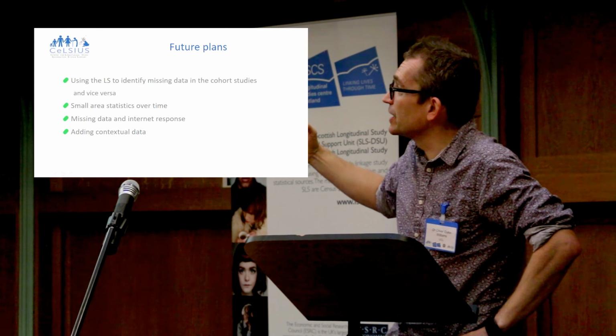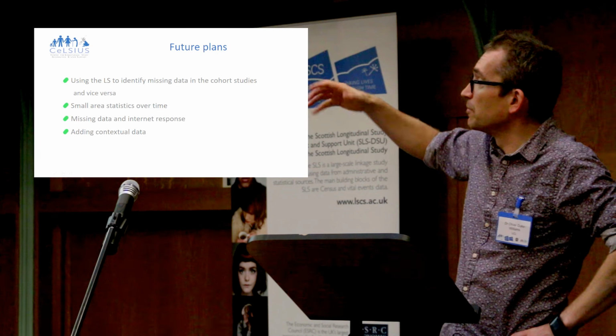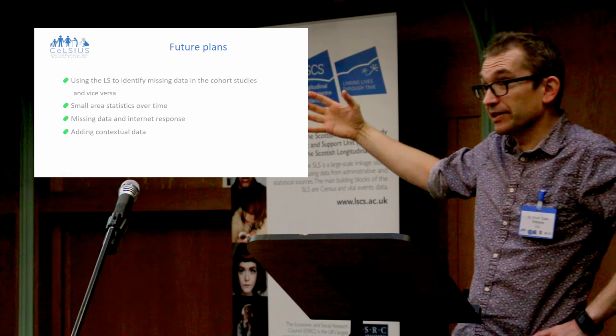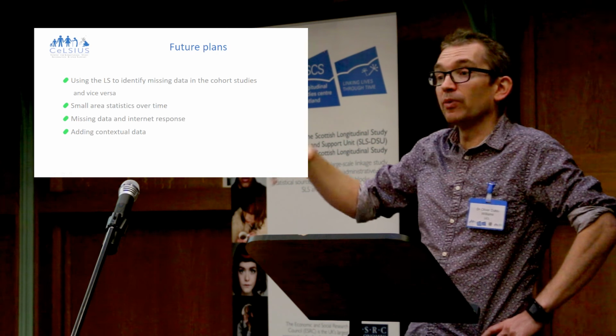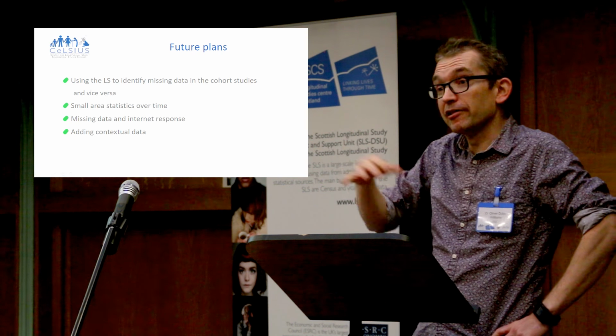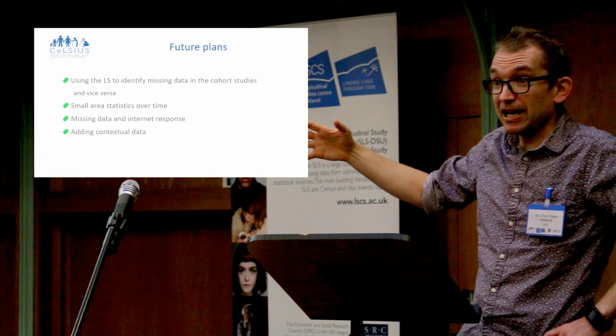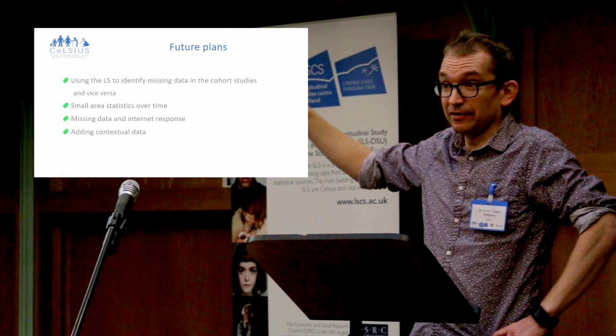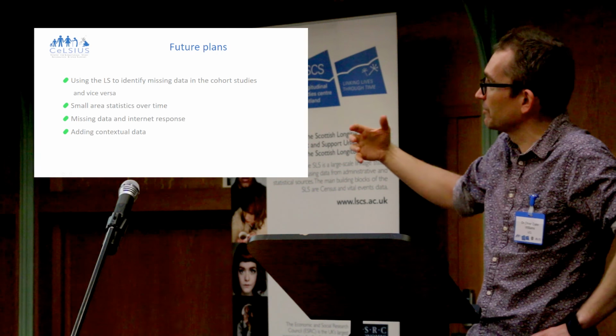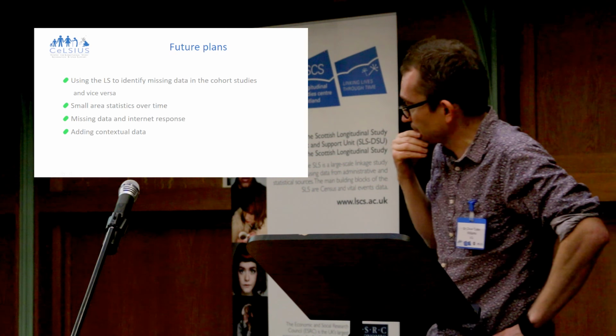One of the things I'm interested in is looking at the mode of completion in the census, whether you used the internet or a paper form, and whether there are differences in those populations, and whether that says anything about engagement in the census and other instruments over time.